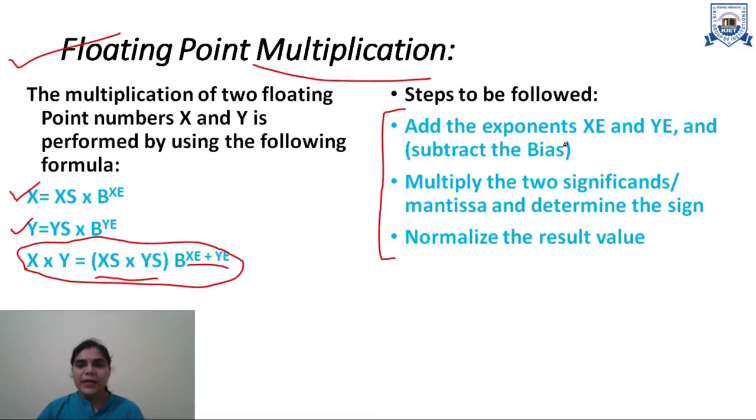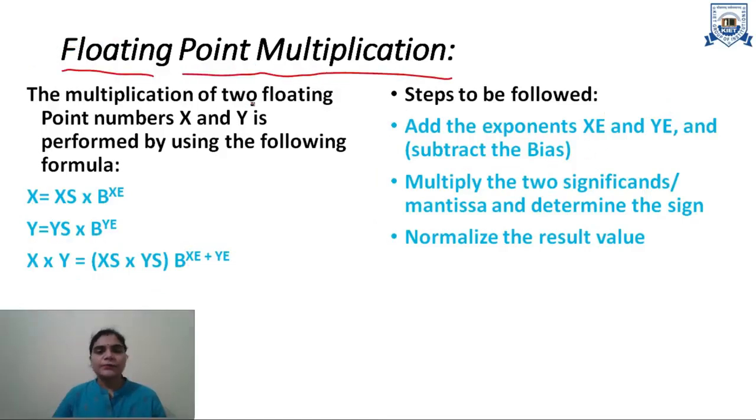First, add the exponents of both the floating point numbers. So we will add xe and ye and subtract the bias. Why subtract the bias? Because the multiplication of two floating point numbers x and y is performed using the following formula. Here x and y are two floating point numbers and we have to perform the multiplication of these two numbers.